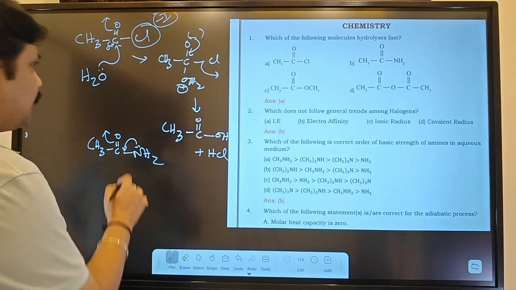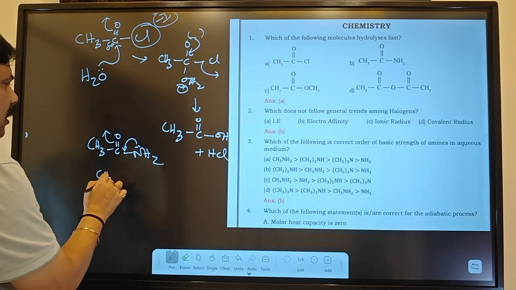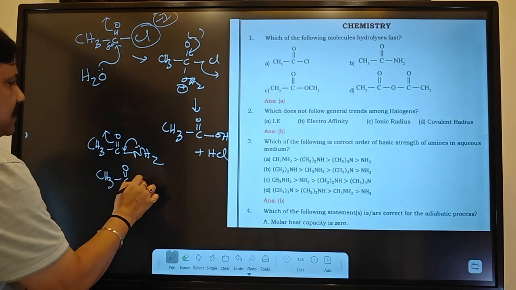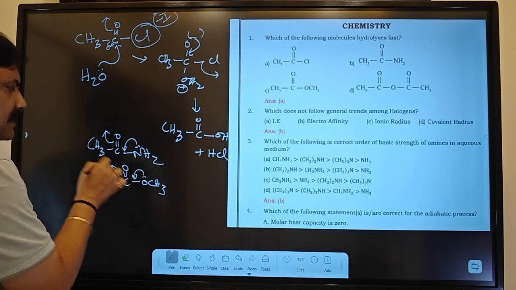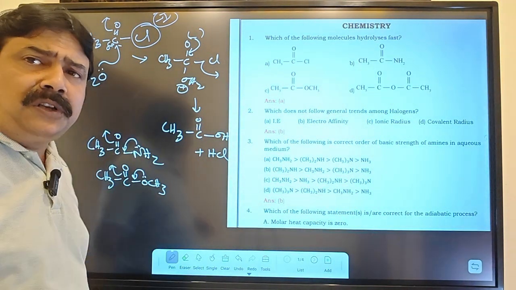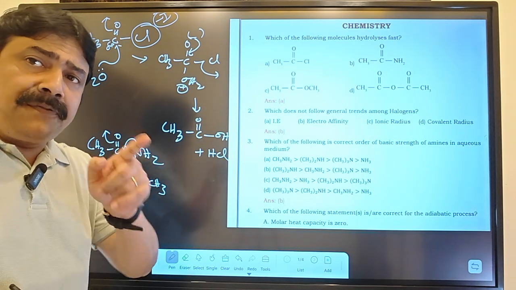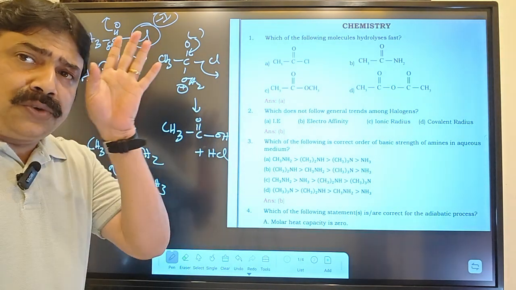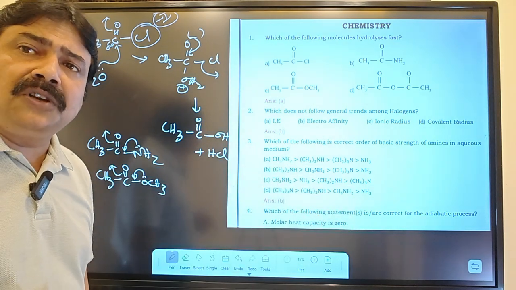Whereas if you look at option C, they are giving an ester, CH3COOCH3. Here also the oxygen lone pair is providing a plus R effect to the carbonyl carbon. That is why the electrophilic character will also be less. But the plus R effect of nitrogen is greater than the plus R effect of oxygen, because nitrogen's electronegativity is less, so its electron releasing capacity will be more.